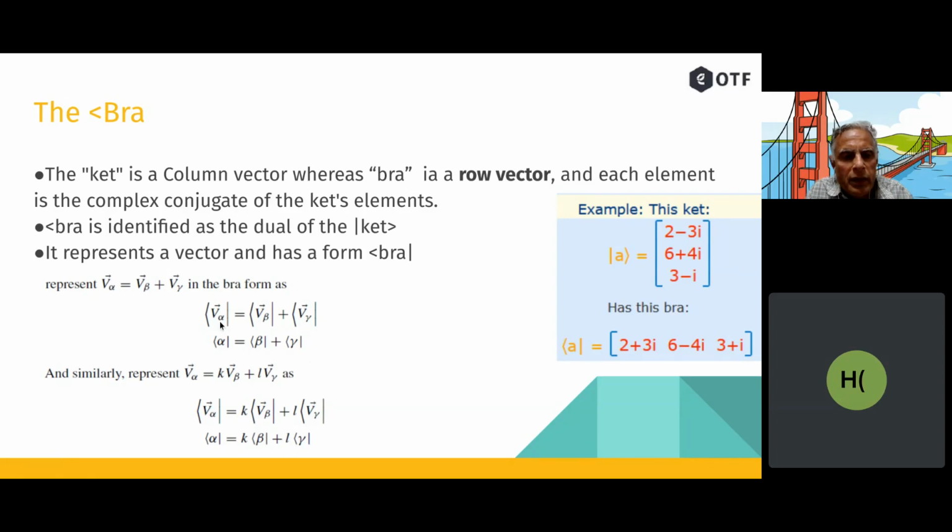Similarly, we can add, like the last time we did for a ket, k and l as the coefficients, let's say scalar representation if you want. So v alpha is equal to k v beta plus l v gamma, and the same thing can be represented vector-wise: bra v alpha equal to k times bra v beta plus l times bra v gamma.